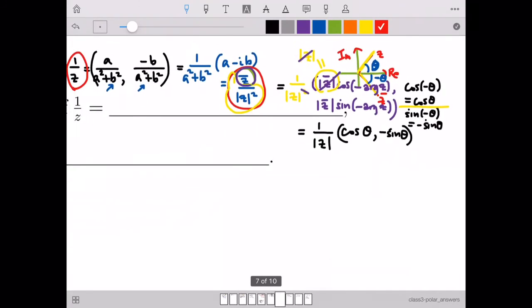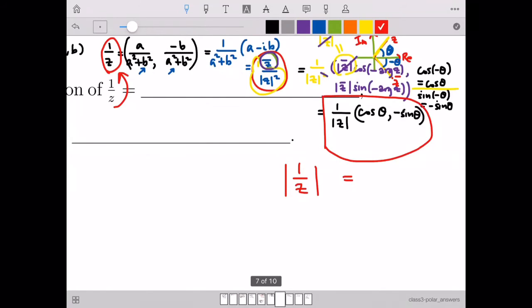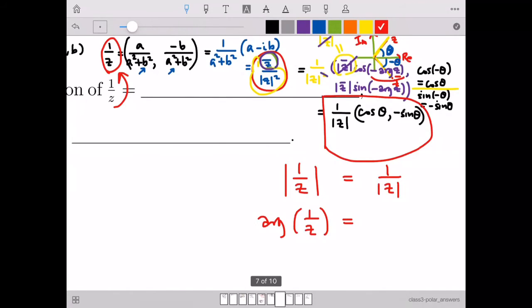That is the polar representation of 1 over z. So the absolute value of 1 over z is 1 over absolute value z, and an argument of 1 over z is minus arg z.